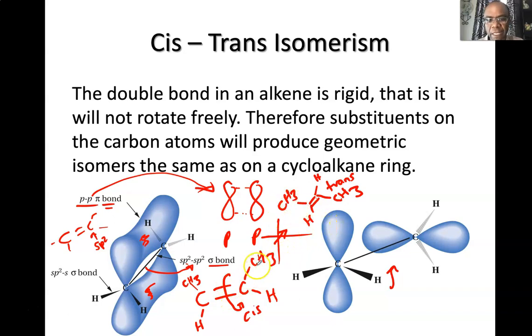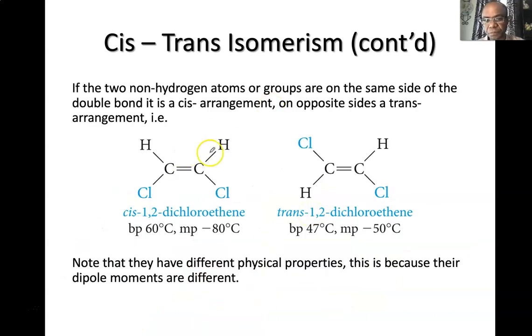The only way you can isomerize the cis, where the groups are on the same side, see the methyls on the same side, to the trans, where the methyls are on opposite sides, is by doing a radical reaction where you first break the bond, rotate the single bond, and then make the double bond back again. So that's how this would probably be done.